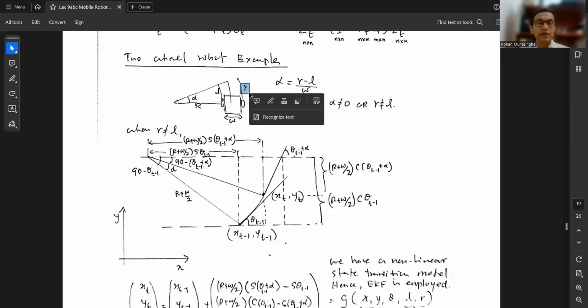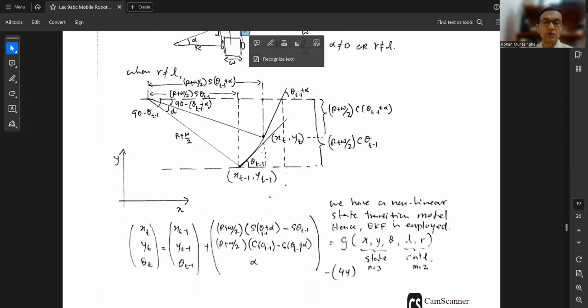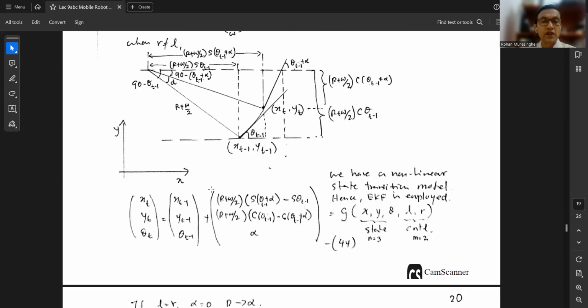So, capital R depends on L and R. So, therefore, this function actually depends on L and R. These are the control variables. So make no mistake, right, that you identify what are the control signals here. It is simple L and simple R. Well, what are the state variables? State variables are, of course, the position, X, Y, and also the heading, that is theta. Okay, not alpha.